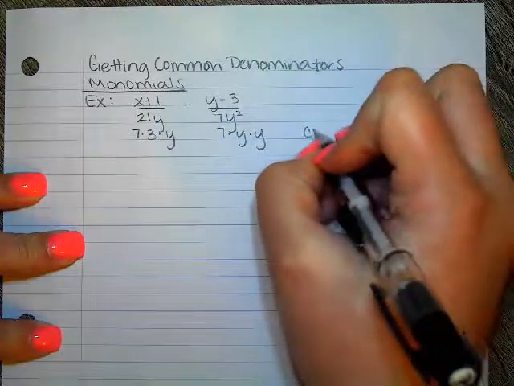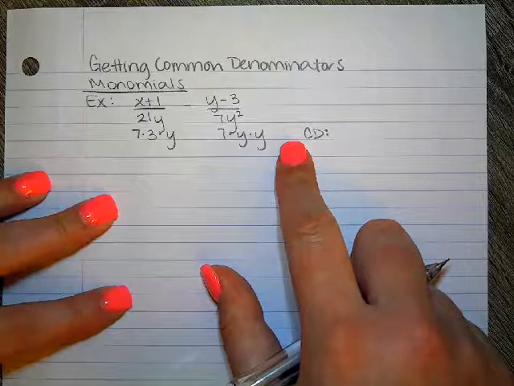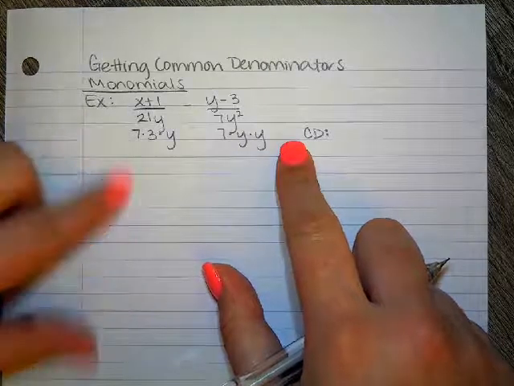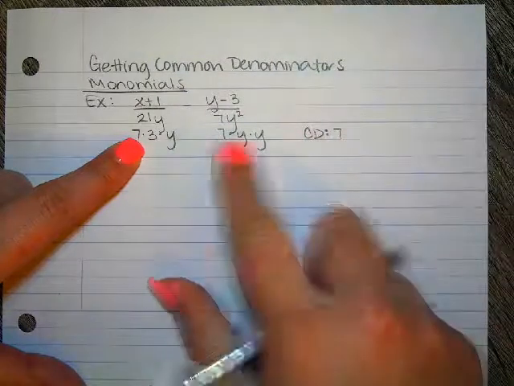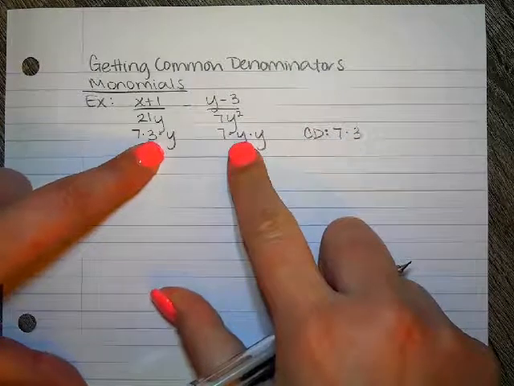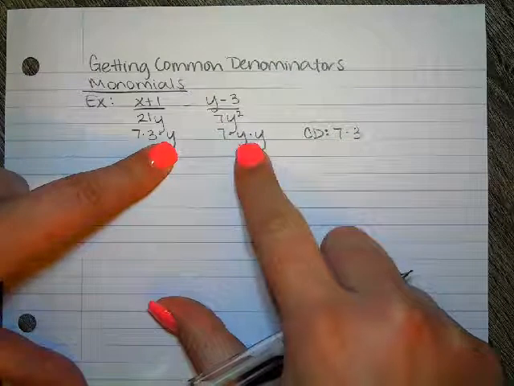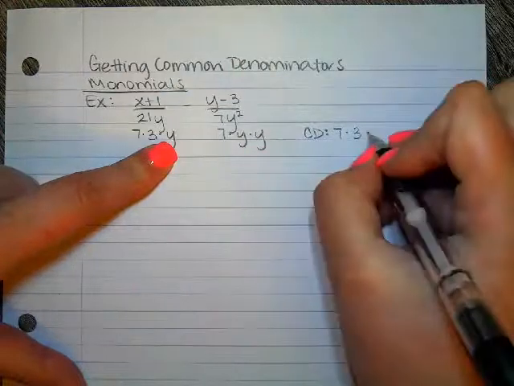All right, so when I build that common denominator, I want to make sure that I have all of these pieces involved. So I need the 7 because they both have that. Then this one has the 3, so I'm also going to need that. And then they both have a y, but this one has a y squared, and I need to make sure I take everything into account. So I'm going to need two y's.